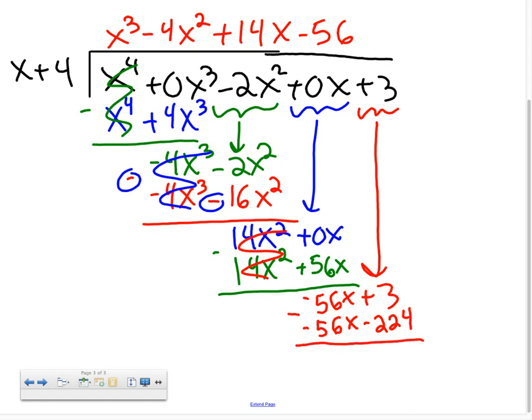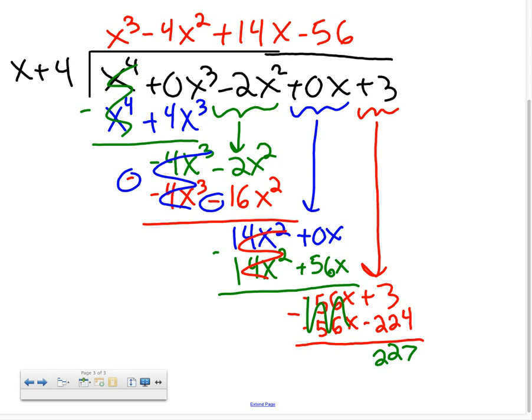And unlike last time, even though the first two terms do cancel, 3 minus negative 224 isn't 0, it is 227. So we have a remainder this time, and the way we write our remainder is kind of special.